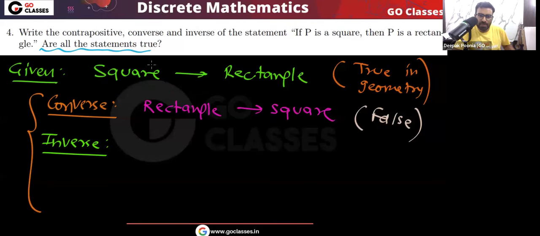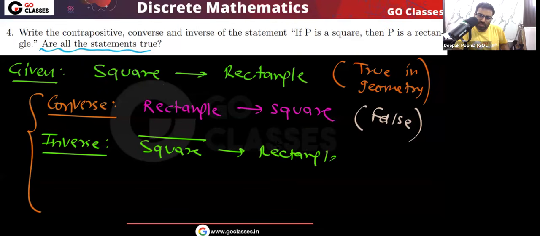The inverse will be if it is not square, then it is not rectangle. So tell me, if a shape is not square, then can I guarantee it will be not rectangle? No, it may or may not be rectangle. So it is also false.